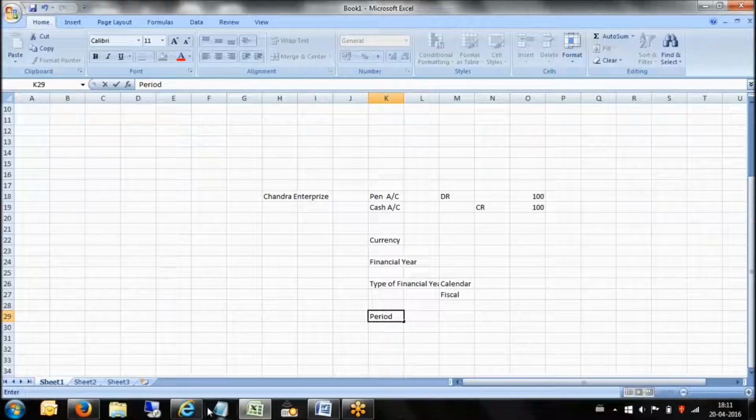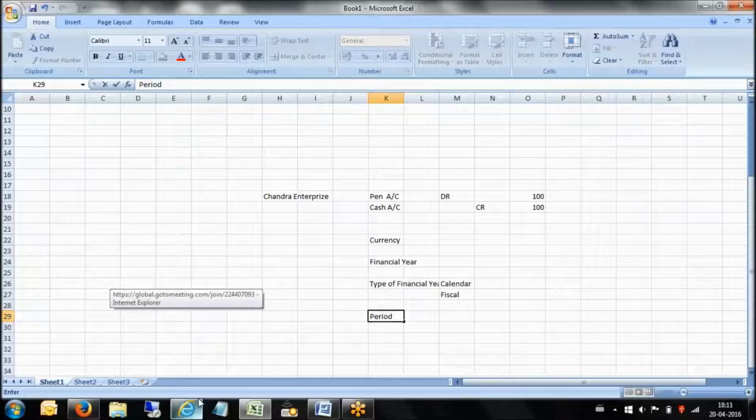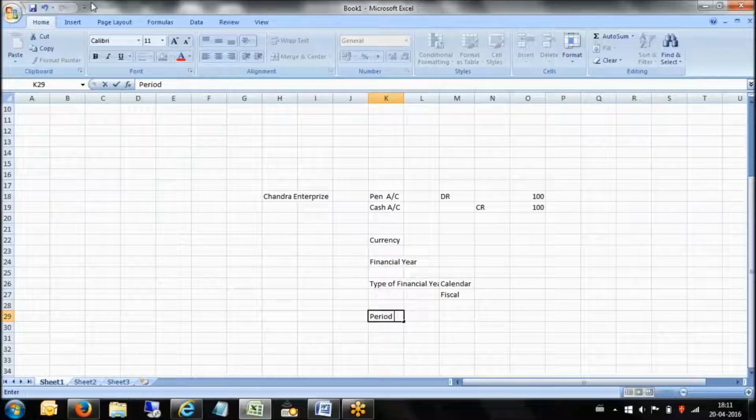So we can divide our financial year quarterly, fortnightly, or monthly. That depends on the discretion of the company, how they want.